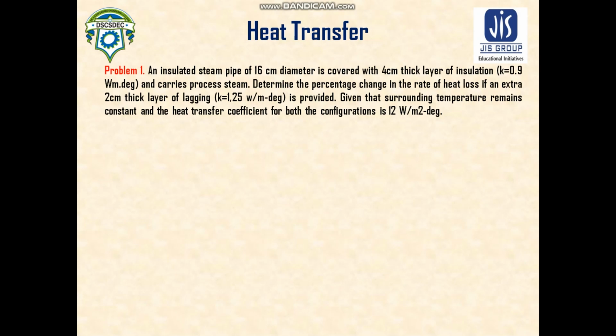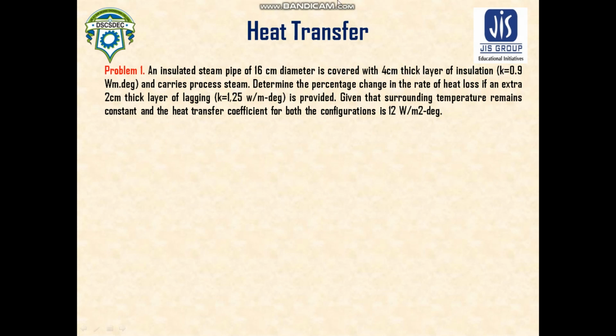So here you can see that an insulated steam pipe of 16 centimeter diameter is covered with a 4 centimeter thick layer of insulation. The thermal conductivity of the insulation is provided here, and it is 0.9 watt per meter degree, and it carries process steam.